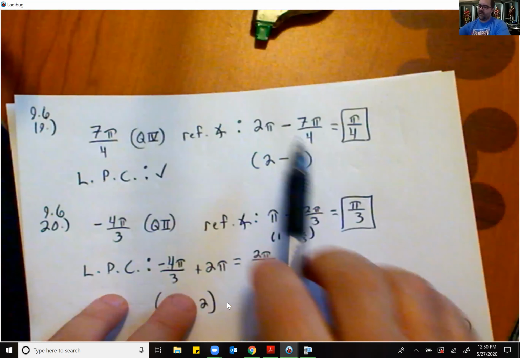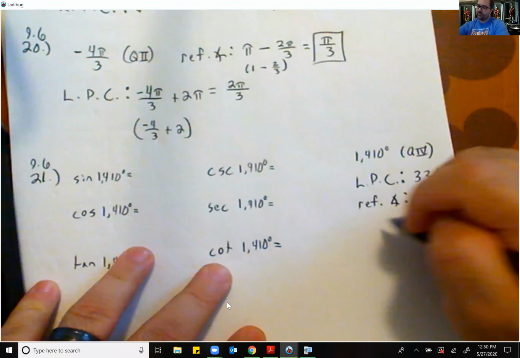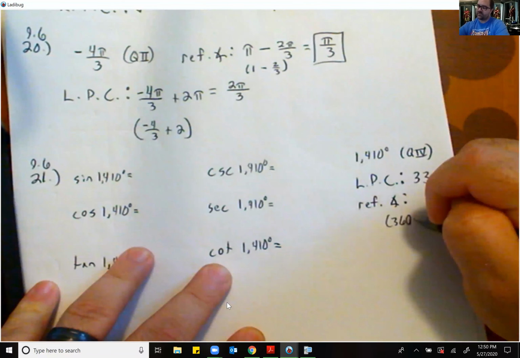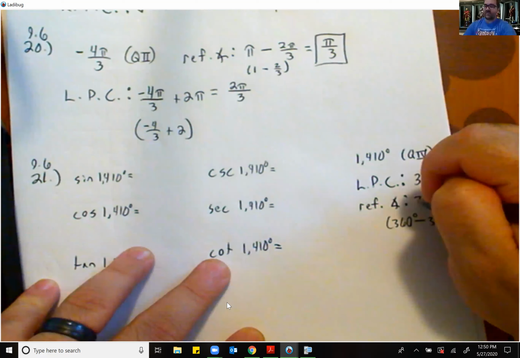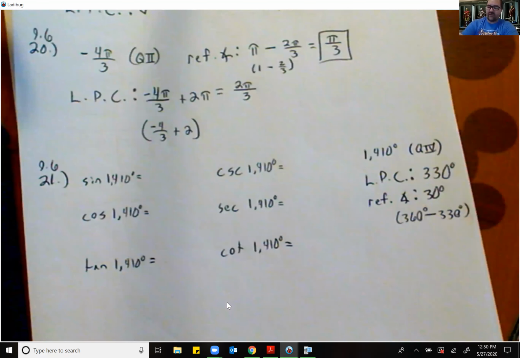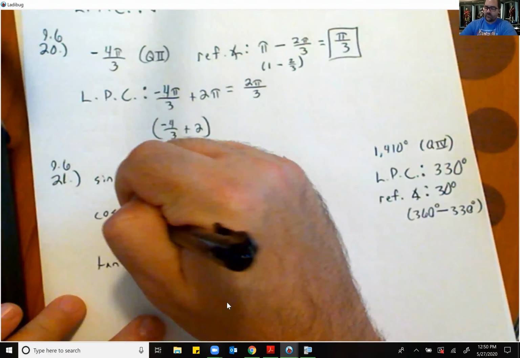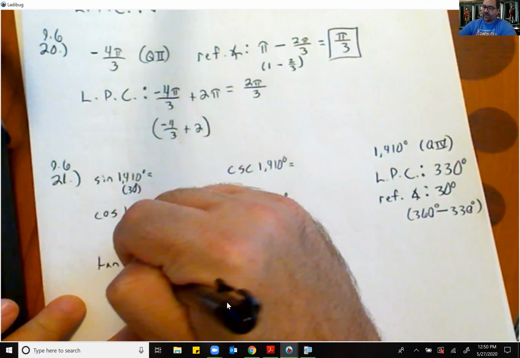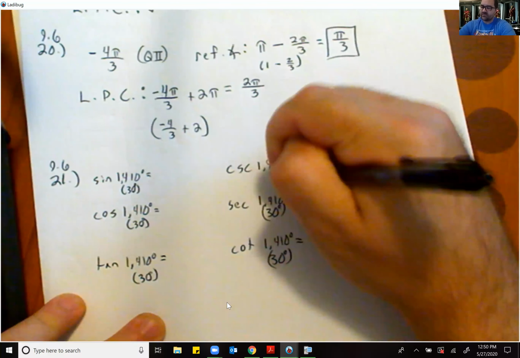So we're going to take 360 degrees minus 330 degrees. And when you subtract that, our reference angle is 30 degrees. So all these answers are going to be based off of 30 degrees. So whatever happens at 30 degrees for these, those are your answers. And then we just have to look at the signs.